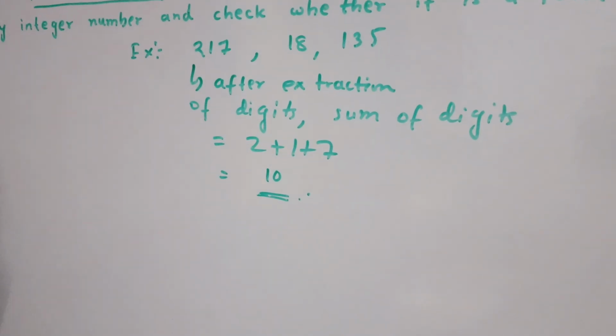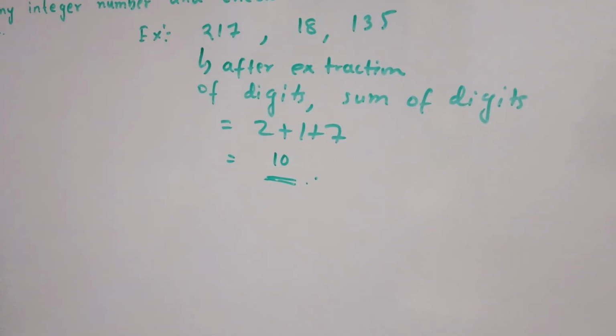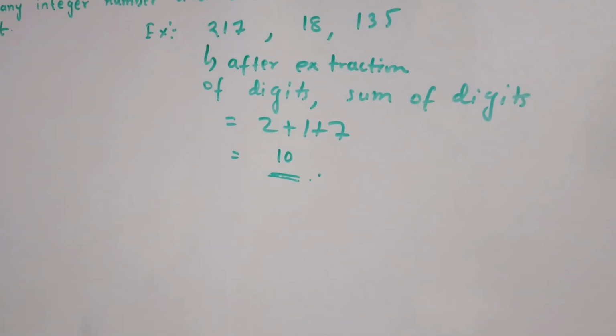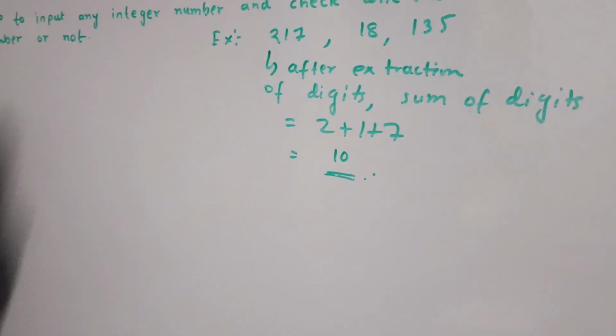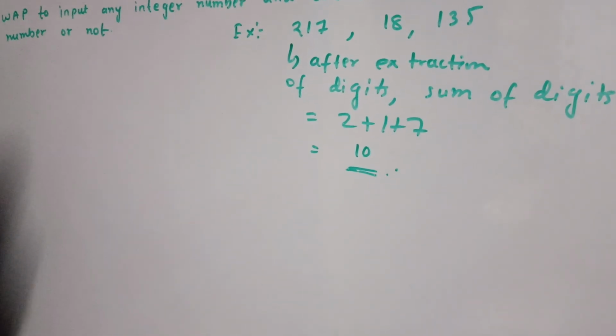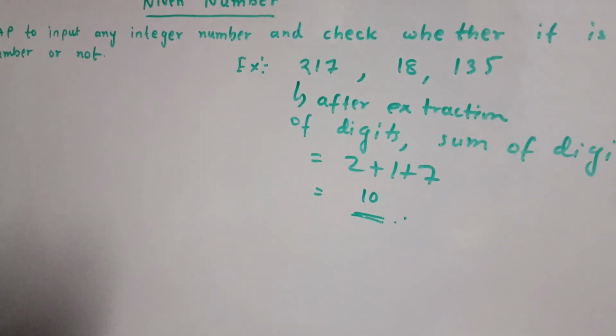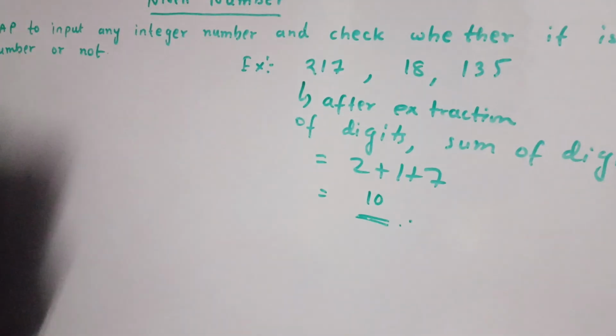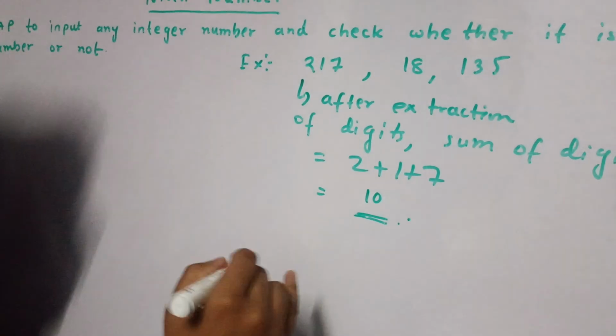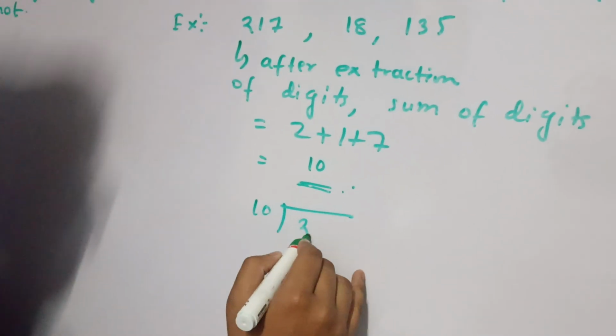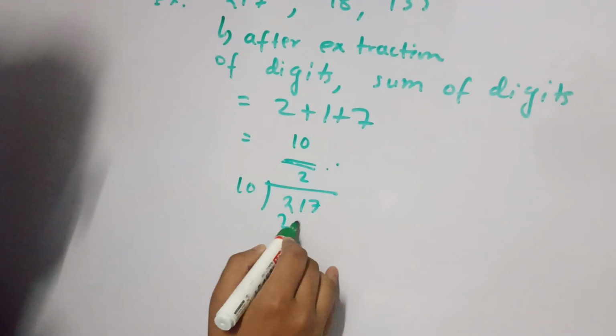Now see this sum of the digits. If the sum of the digits divides the number, then it is a Niven number. But you see here, this sum of the digits, 10, is actually not dividing the number.